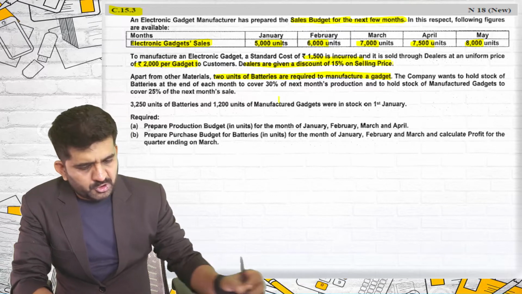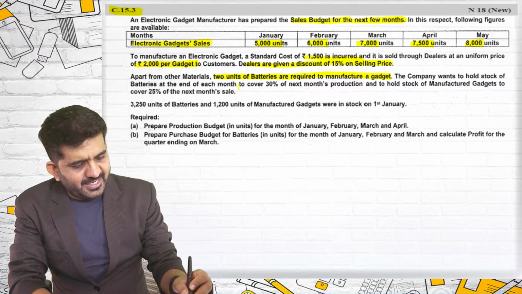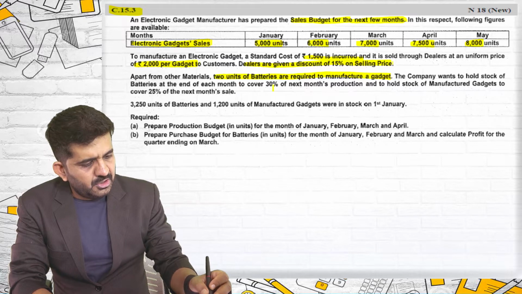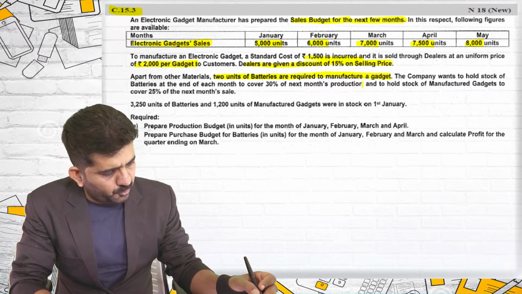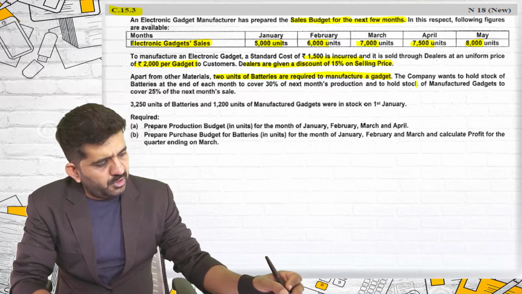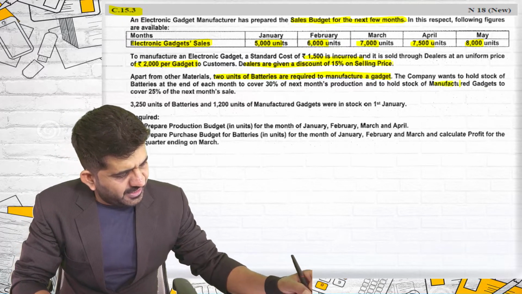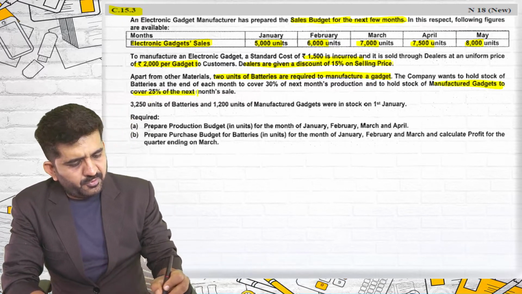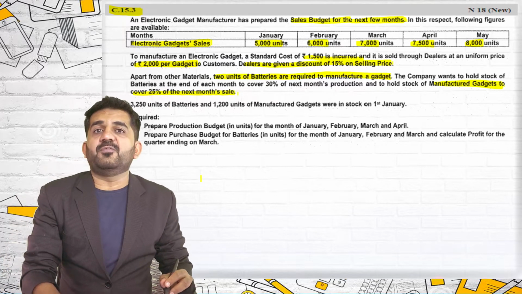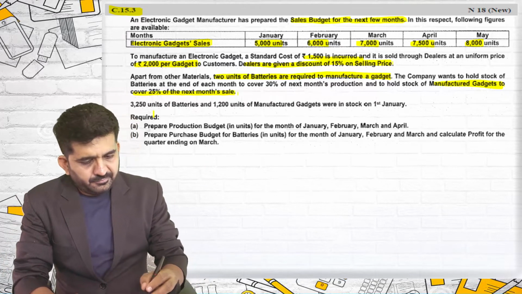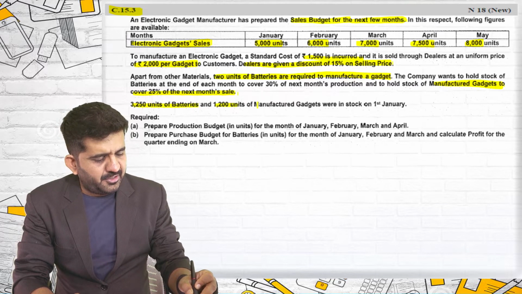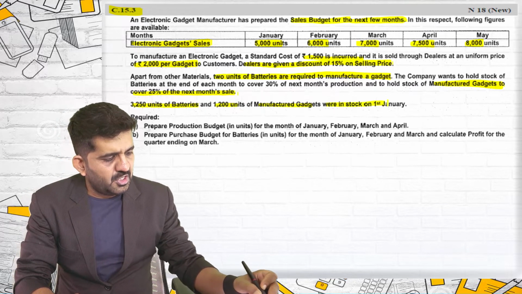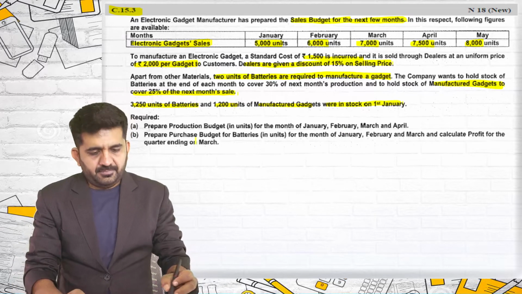The company wants to hold a stock of batteries at the end of each month to cover 30% of next month's production, and to hold a stock of manufactured gadgets to cover 25% of next month's sales. 3,250 units of batteries and 1,200 units of manufactured gadgets were in stock on 1st January.